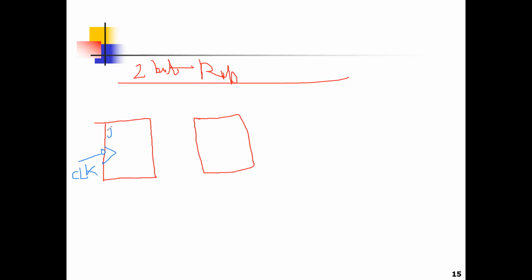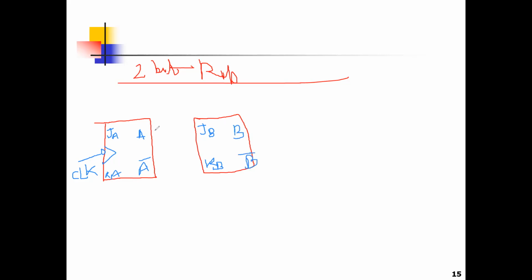Here is JA, here is KA. This is JB, this is KB. This will be A, this will be A bar, here B and B bar.